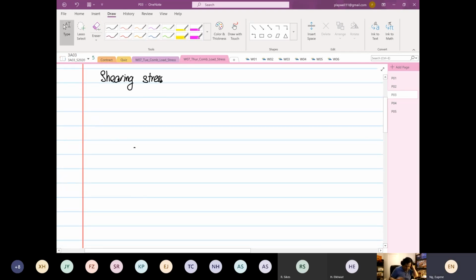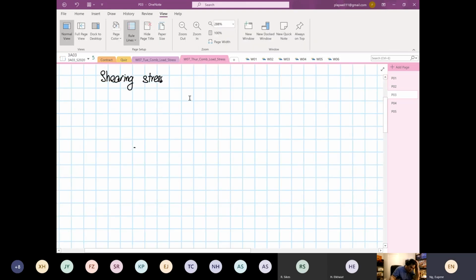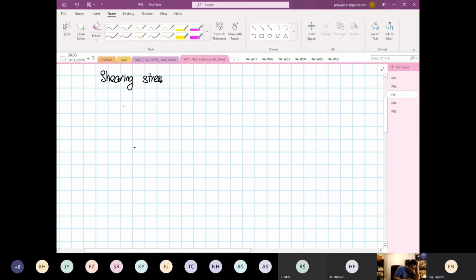So there are two types of shearing stress. Okay. There are two types of shearing stress. So one is known as positive shear. Okay.